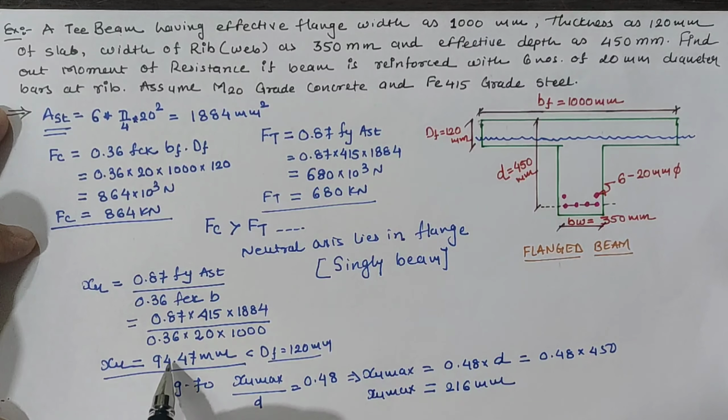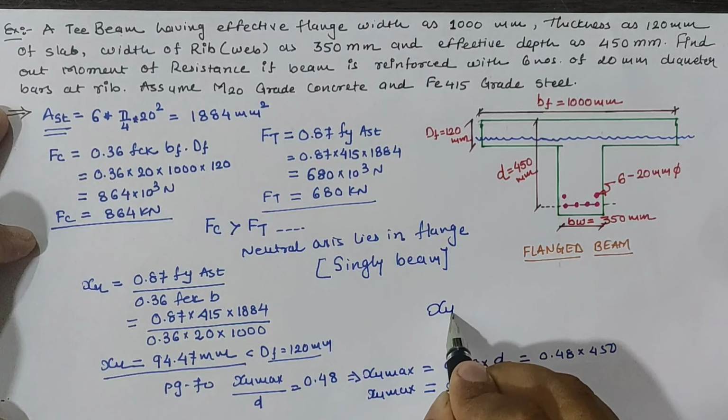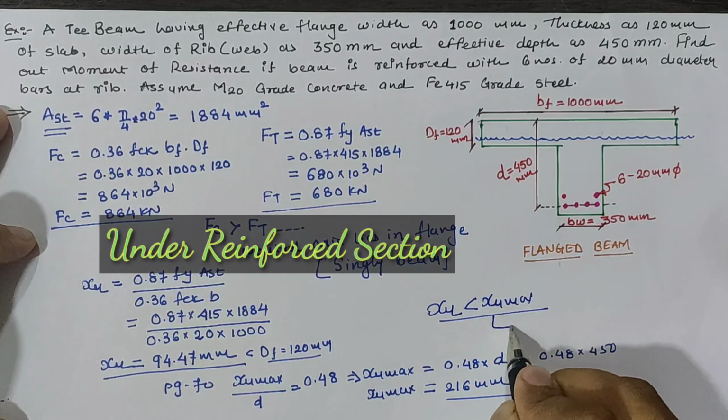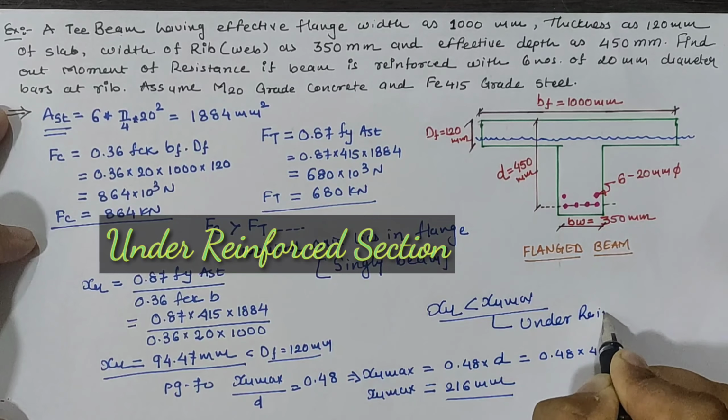Now XU is 94.47 while XU max is 216 mm. It means our XU is less than XU max value. So we can find out the moment of resistance by the under reinforced condition.